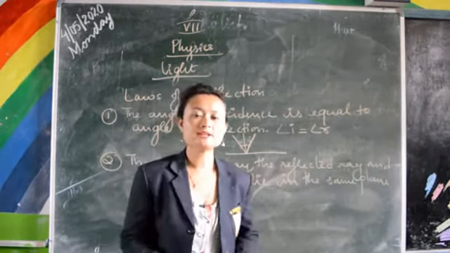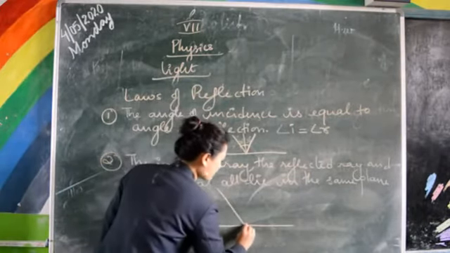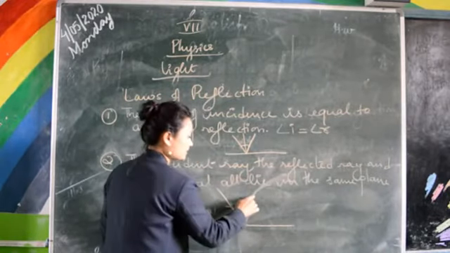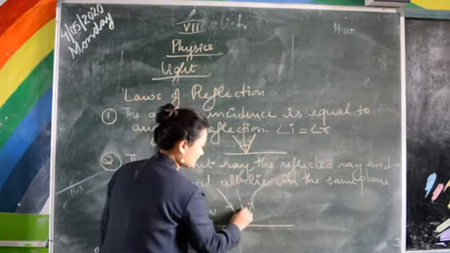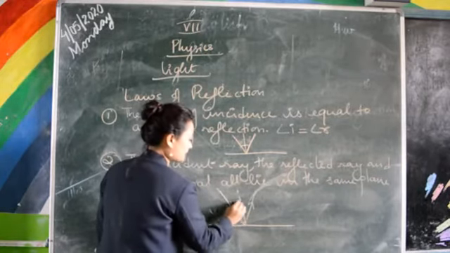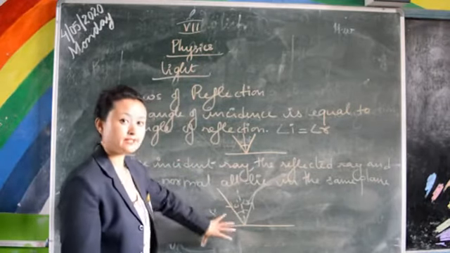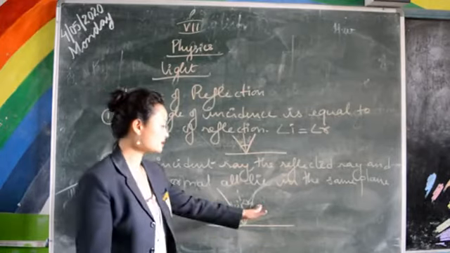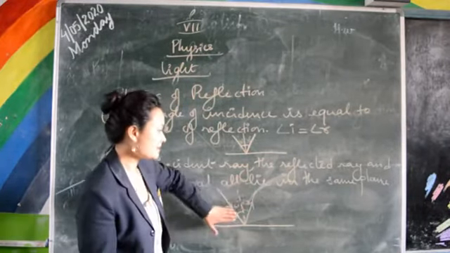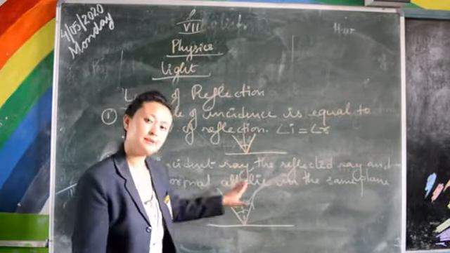Plane means any flat surface. So how does the reflection take place? A ray of light falls here. This is your incident ray. It returns back. This is your reflected ray. Imaginary line that you draw here is normal. And angle formed here is angle of incidence, angle formed here is angle of reflection. So everything, the incident ray, the reflected ray, the normal, angle of incidence, angle of reflection, they all lie in the same flat surface, on the same flat area. That means they lie on the same plane.